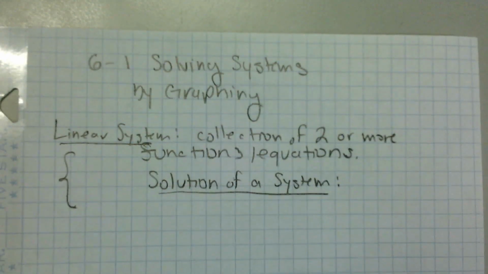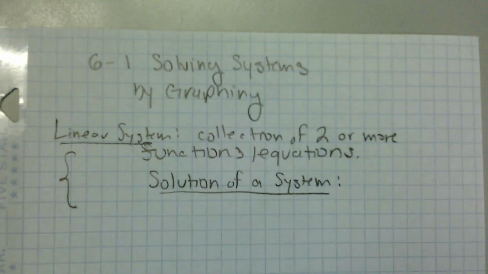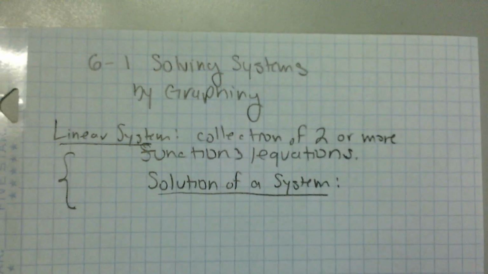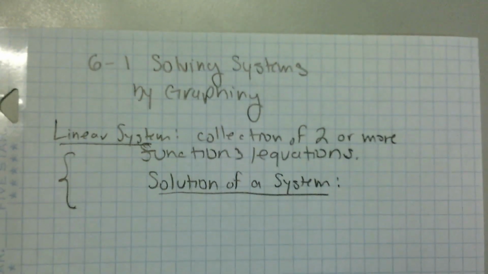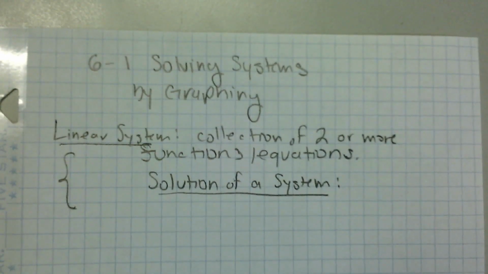So if I have 2 lines, and I'm talking about finding a solution to this system, what would I be finding? With a linear equation, we are finding x. What would it be here?